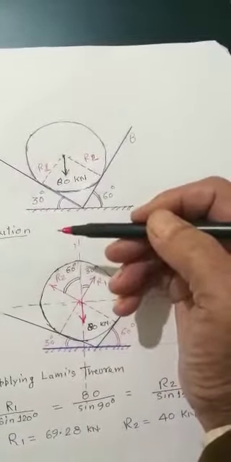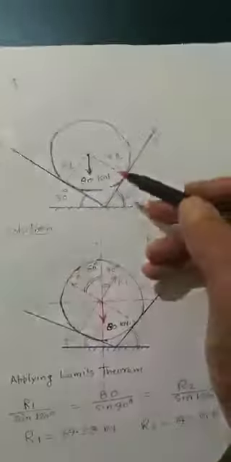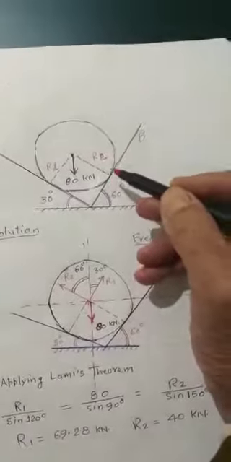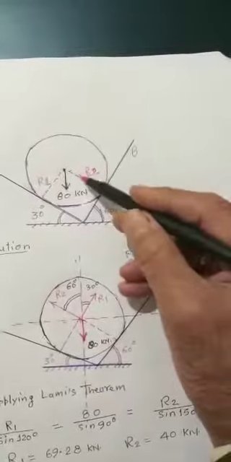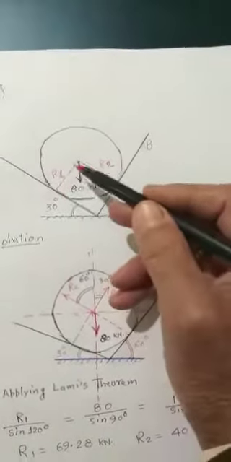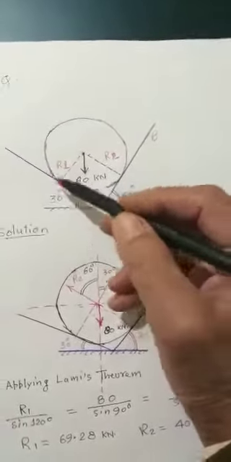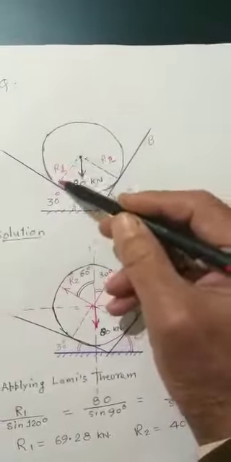What we have to find is the reaction of this ball over this surface, that is this one, and the reaction of the weight of this body over this other surface.